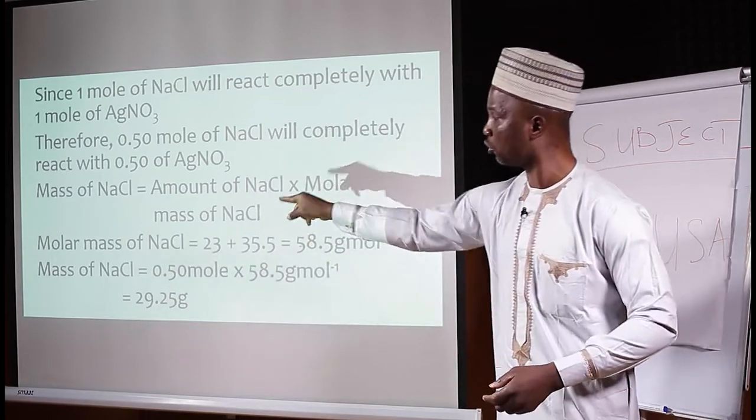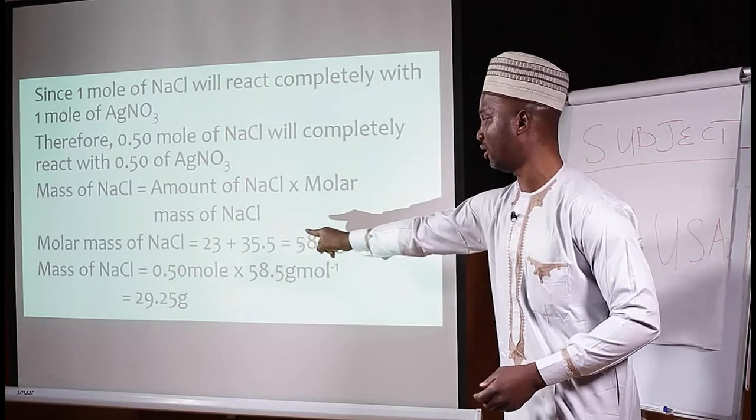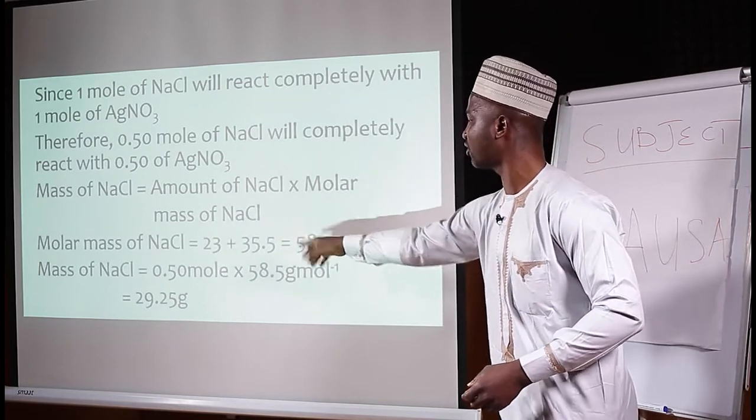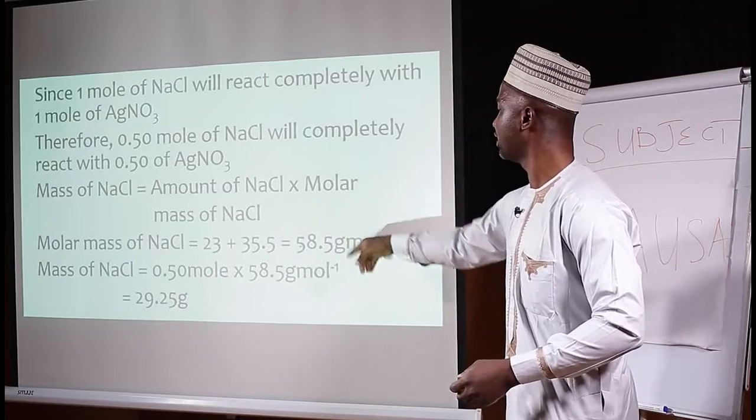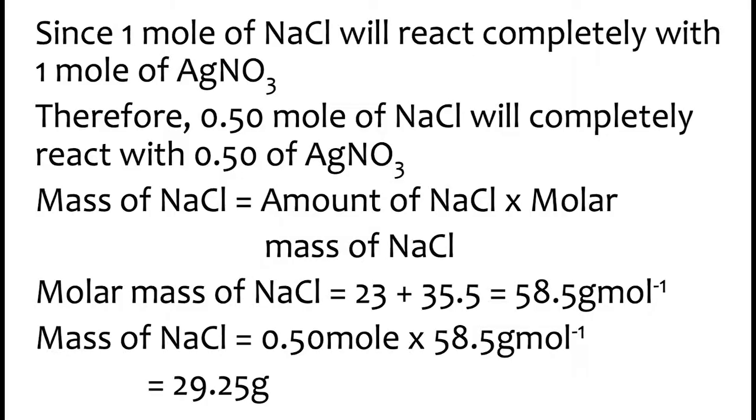The molar mass of sodium chloride is sodium 23 plus chlorine 35.5, which gives 58.5 grams per mole. So to get the mass, you say 0.5 mole, which is the number of moles of sodium chloride, times 58.5 grams per mole, which gives 29.25 grams, which is the answer.